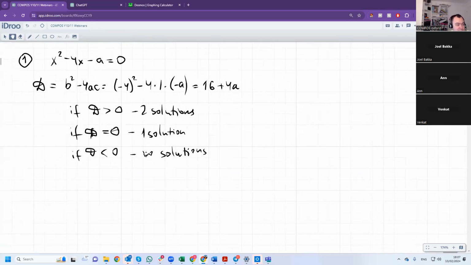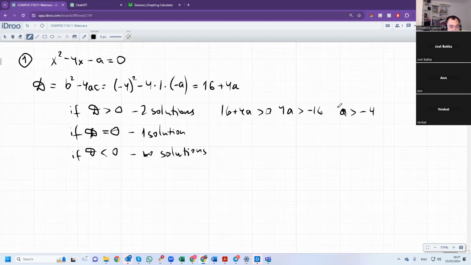And if the discriminant is greater than 0, and that means 16 plus 4a is greater than 0, that means 4a is greater than minus 16, and that means a is greater than minus 4.